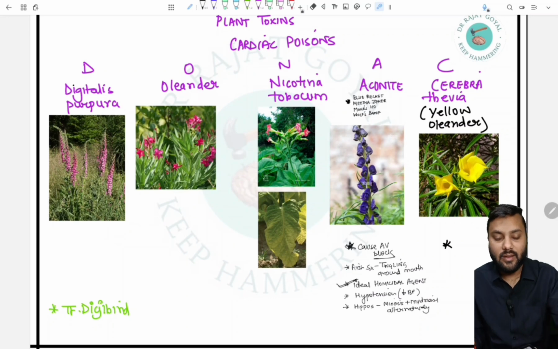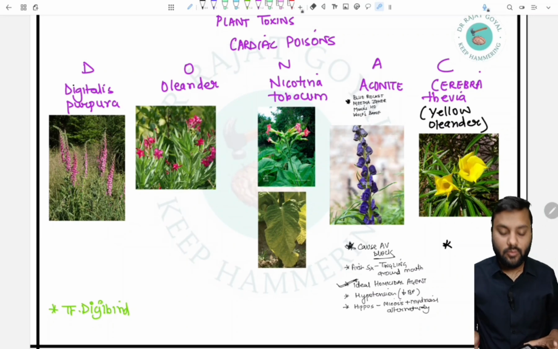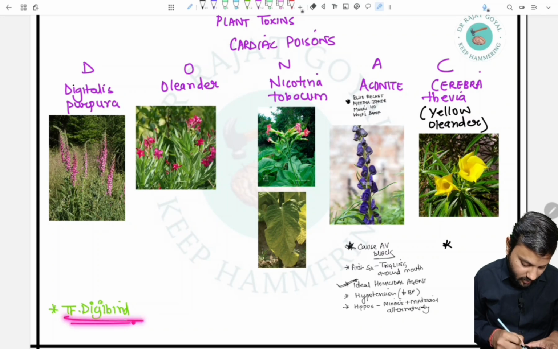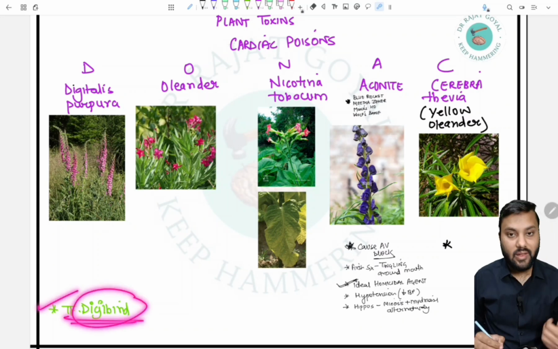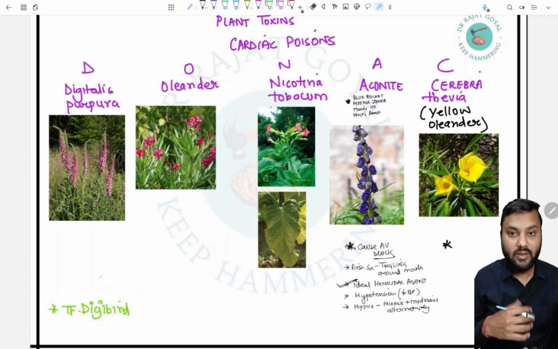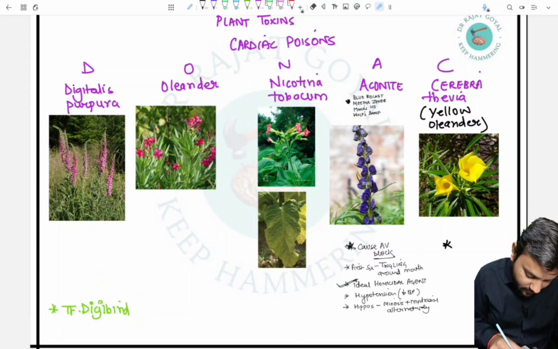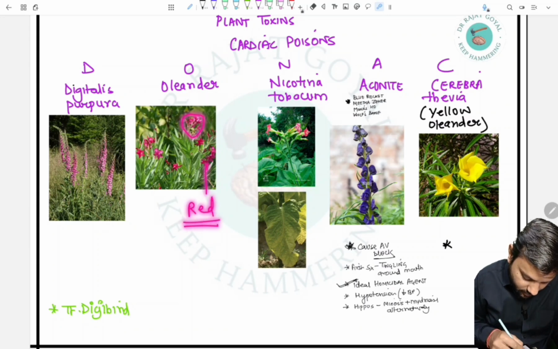As we know, digitalis toxicity is related to cardiac problems, and the treatment for it is digibind. We will give digibind, so it will bind with the digoxin and decrease the toxicity. The second image is of the oleander, and it is a red oleander. So it is a normal flower.